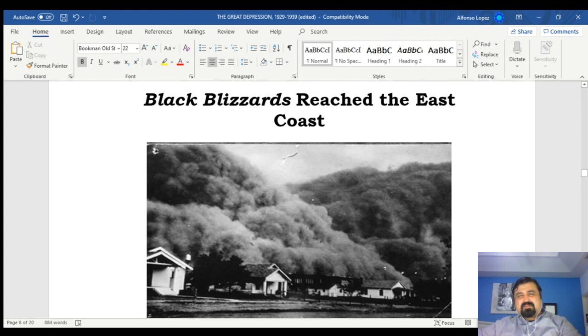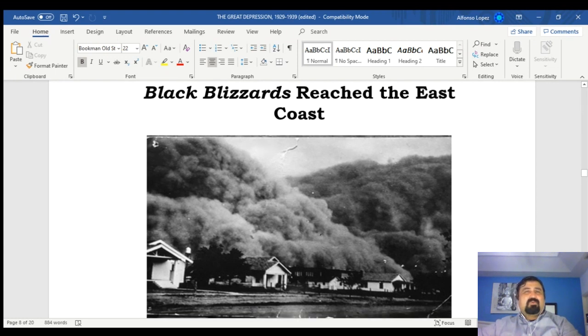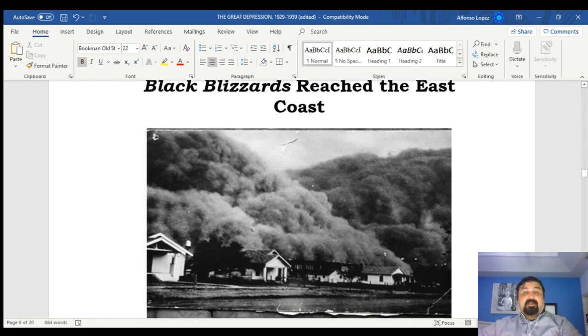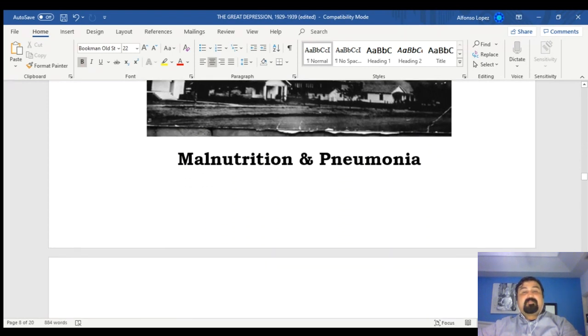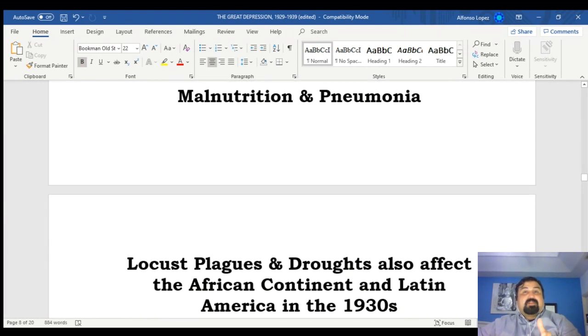This is a natural event that is making the depression very, very real, in that there is a shortage of food. It's not just the stock market crash, etc. Food production is hard during this time because of the droughts, and that led to malnutrition.